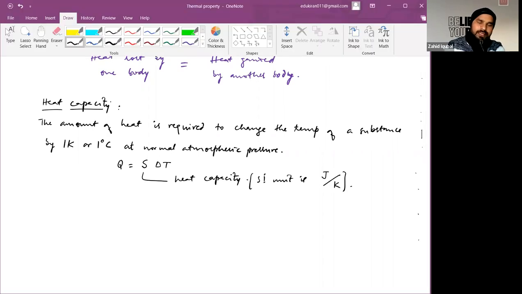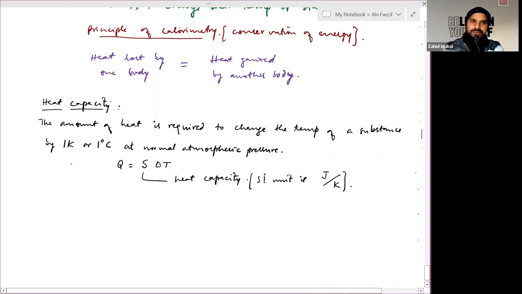Next, if there is a specific term related to this heat in terms of mass, then it will be called specific heat, or specific heat capacity.